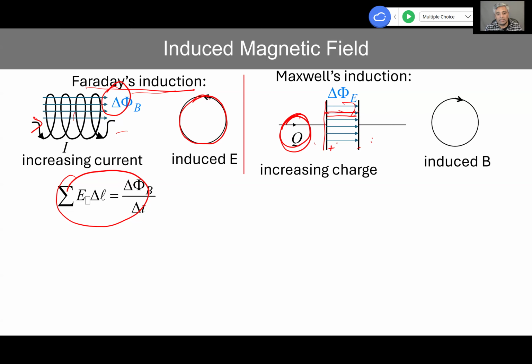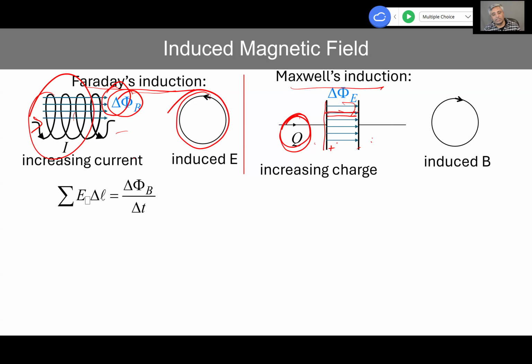Before, we learned that when current is flowing through the wire, a magnetic field is induced. But now Maxwell said, okay, since we can see this electric field over here, we should also be able to see this magnetic field over here. So that's where this idea comes from: changing current or changing charge can change the flux, and that can induce the changing electric field.